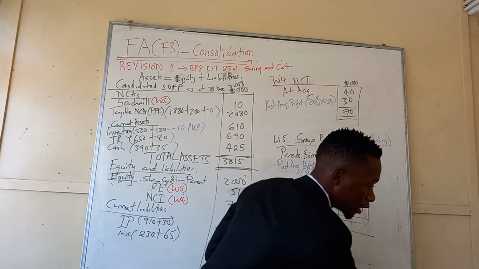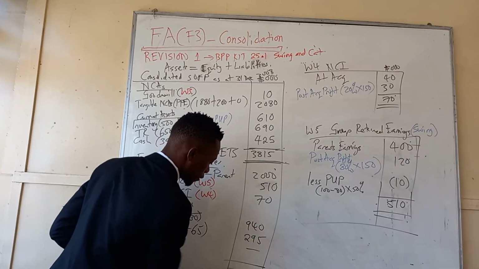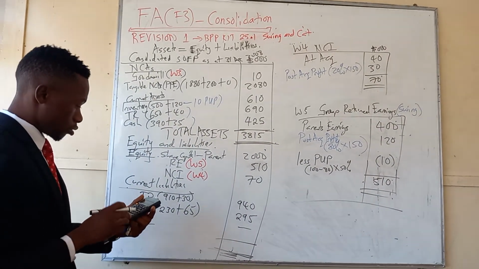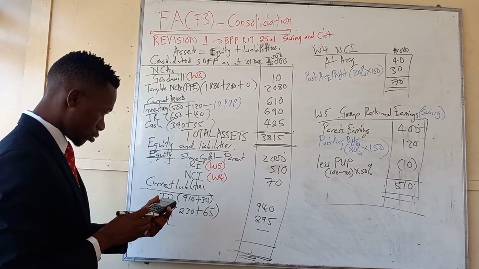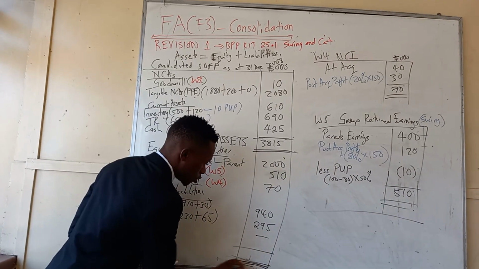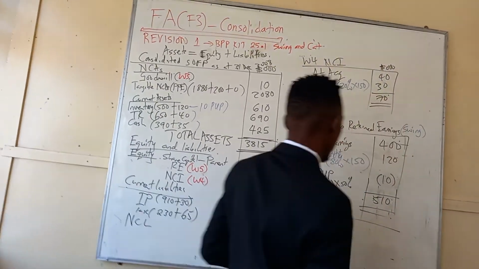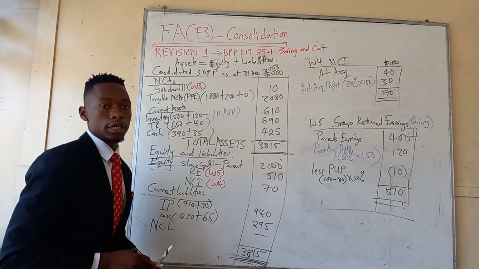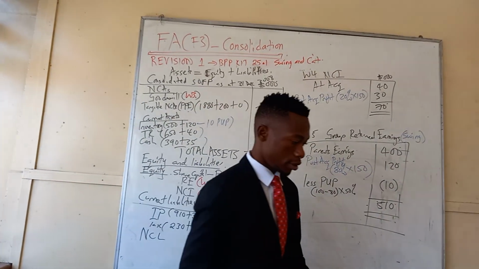Do we have the non-current liabilities? I don't think so. We don't have the non-current liabilities. So if I sum up these amounts, this shows that the left hand side is equal to the right hand side. And I'm pretty sure that I've hammered this question.